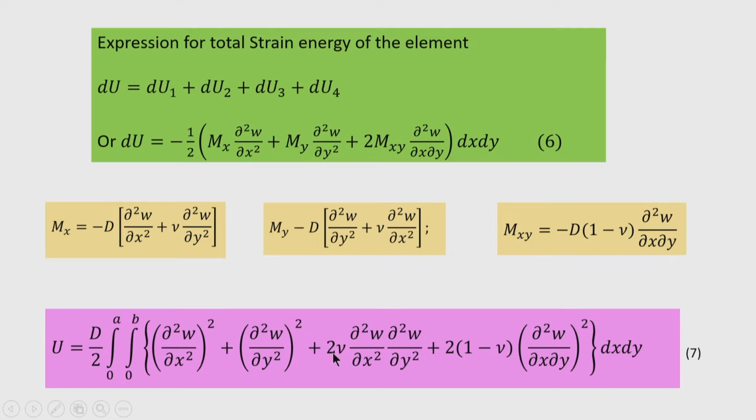Then you get 2 mu ∂²w/∂x² ∂²w/∂y², and the other term related to the twisting curvature is 2 into (1 minus mu) into (∂²w/∂x∂y) whole squared. So, you get this expression for the strain energy after substituting in the strain energy expression.